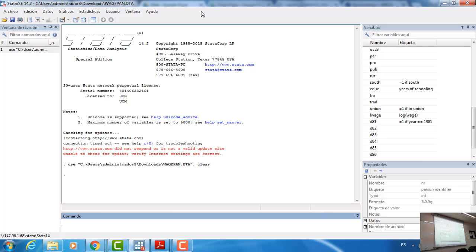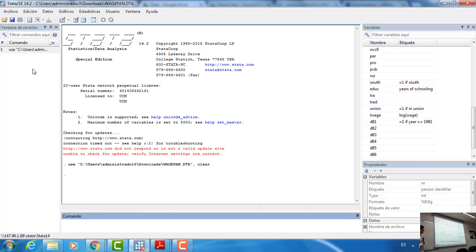Two tricks. One trick is, if you have used something similar before, it's going to appear here. You click on it and it will reappear. This is recycling.